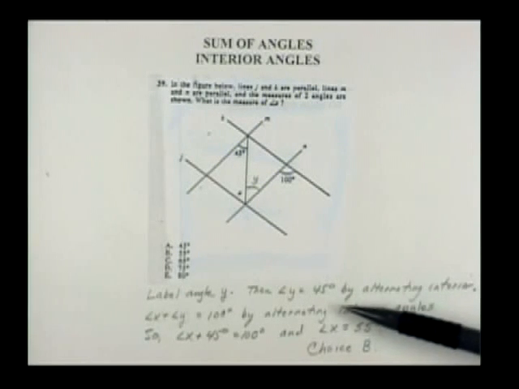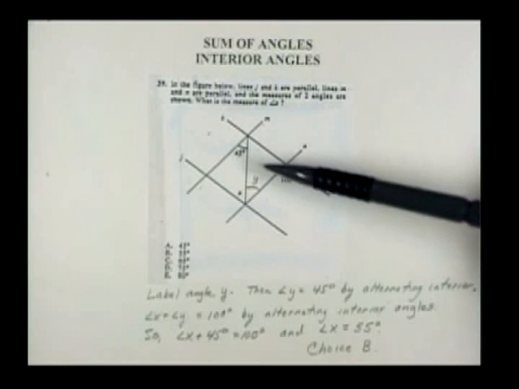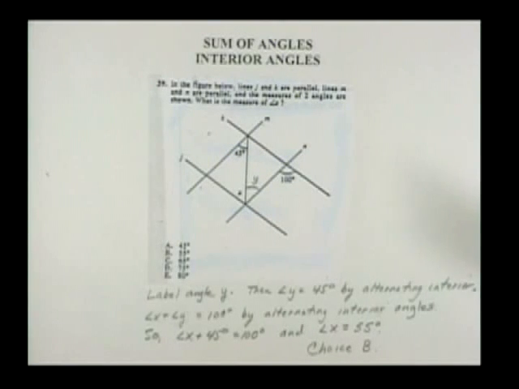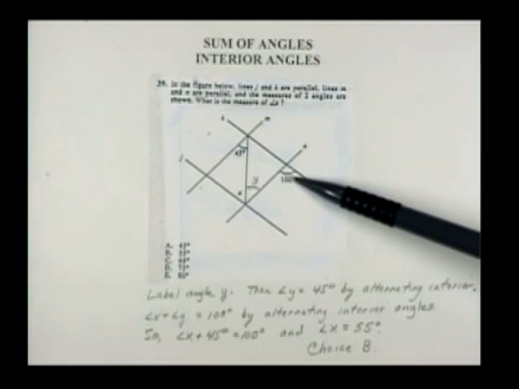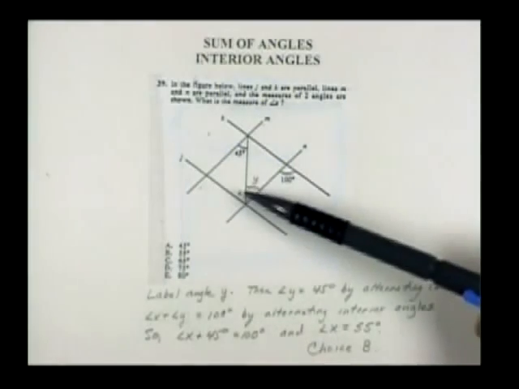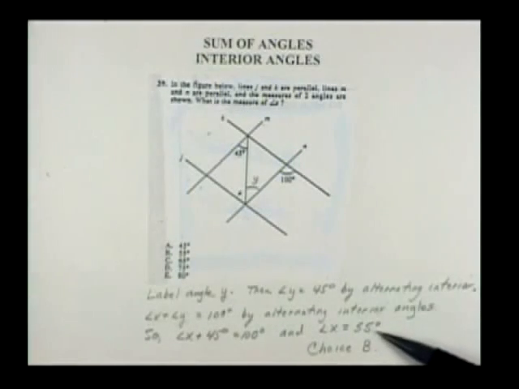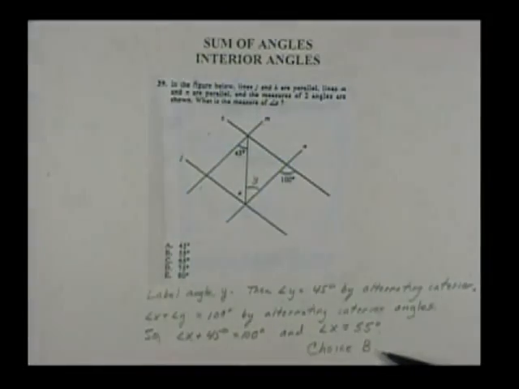Then Y equals 45 degrees by alternate interior angles. The sum of angles X and Y becomes 100 degrees by alternate interior angles. Because Y equals 45 degrees, we have angle X plus 45 degrees equals 100 degrees, and X equals 55 degrees. Choice B.